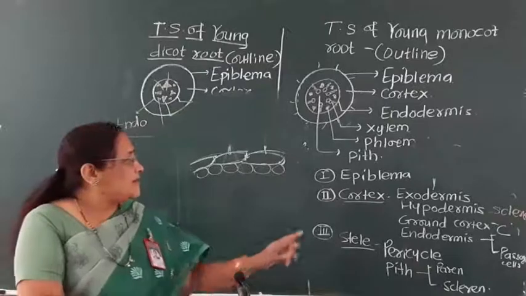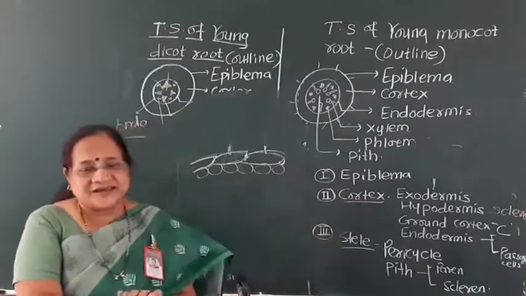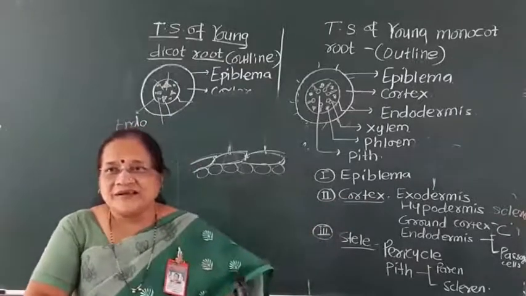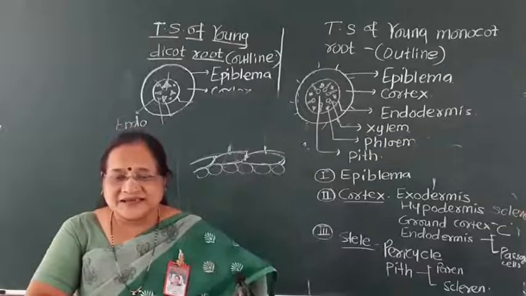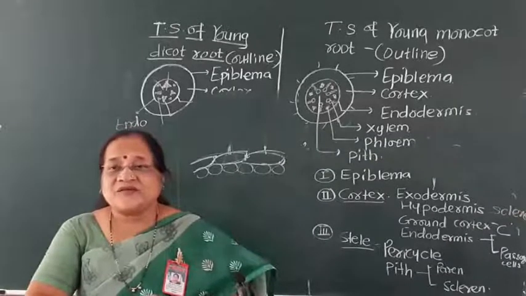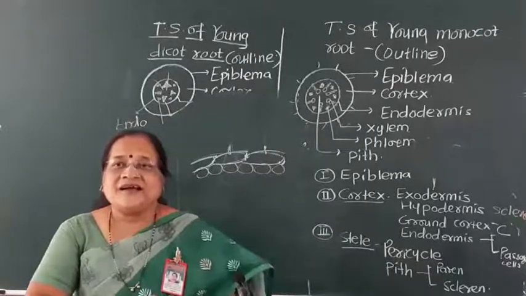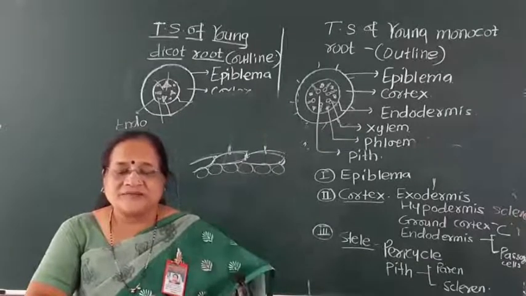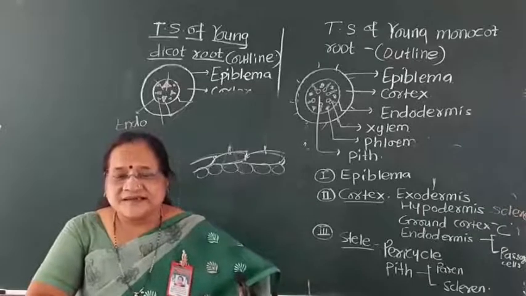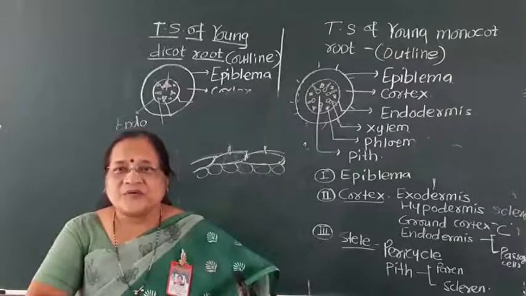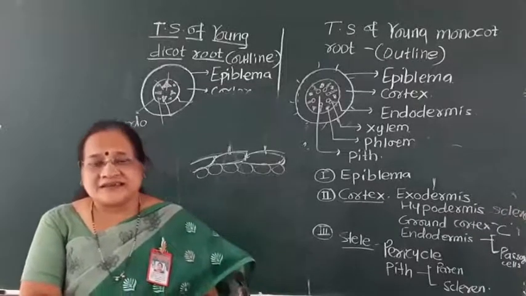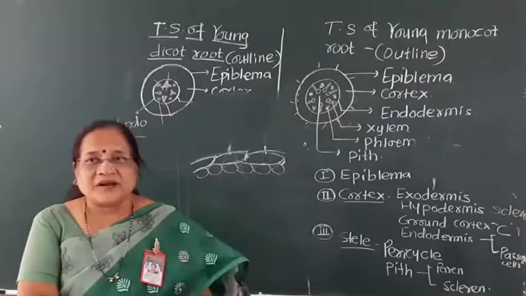In the hypodermis, the cells are polygonal, and due to the presence of lignin, these cells are dead cells, compactly arranged, and the main function of this hypodermis is to provide mechanical support and extra strength to the plant.